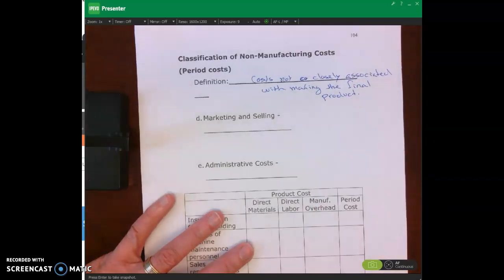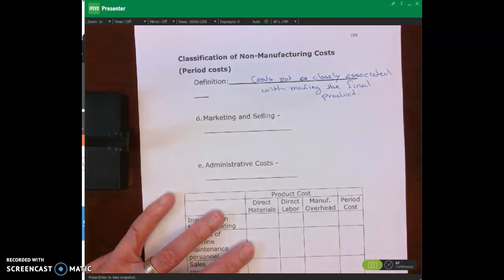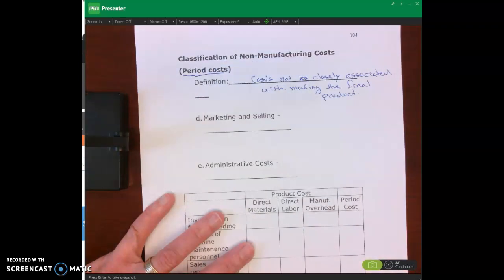So as opposed to what we just saw on that prior page where we had insurance on the factory, because it said insurance on the factory, that means it's closely associated with making the final product because we make the product in the factory. But if it said insurance on corporate headquarters, that's not closely associated with making the final product because it's not on the factory. It's on the corporate headquarters. And so that means it's classified as a period cost.